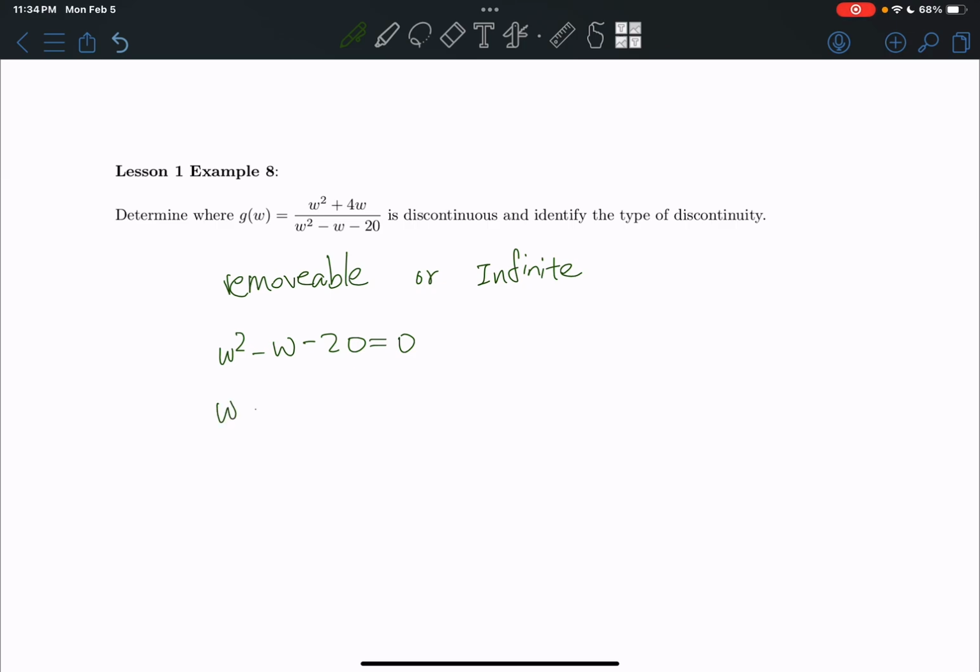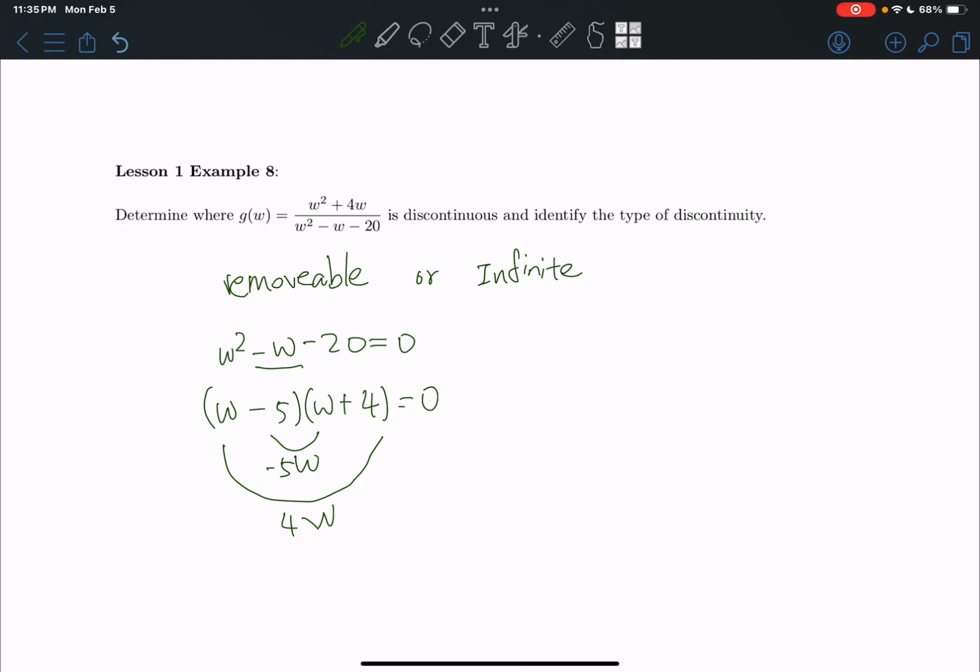It comes out to be w minus 5 times w plus 4 equals 0. We can do a quick check: negative 5 times w is negative 5w, and w times 4 is 4w. If you add these, you get back negative w.